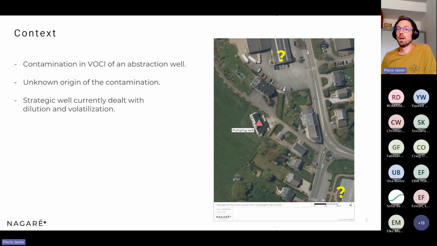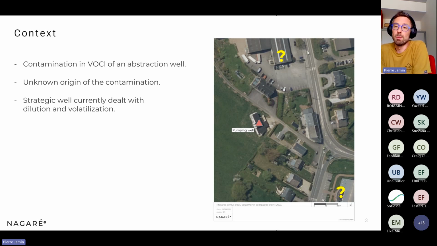The thing is, the origin of the pollution is not known. There are potentially two industries that could have been using the chlorinated solvent in their process, but which one is actually polluting, or is it another one? Prior to this study, we don't know.